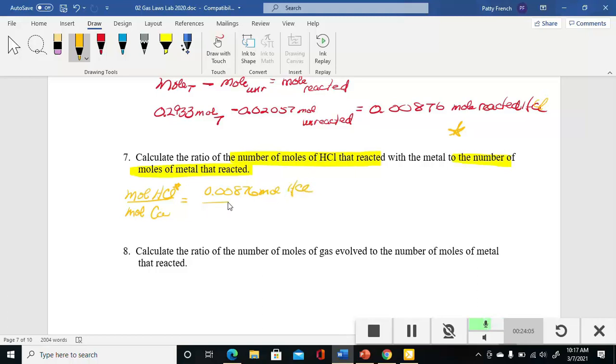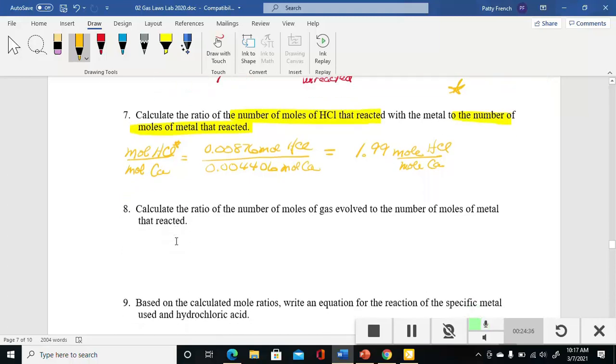And the moles of calcium that we found on the first page was 0.004406. And when we do this math, we find that we had a ratio of 1.99, 3 sig figs here, moles of HCl to moles of calcium. Well, that's good. That's a good start.